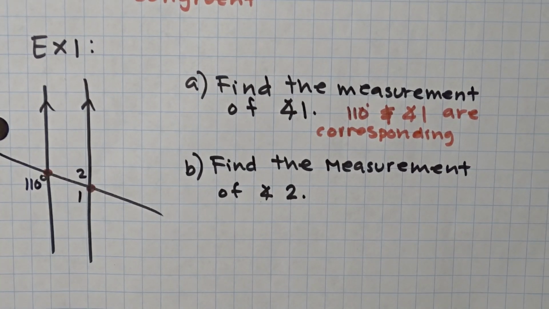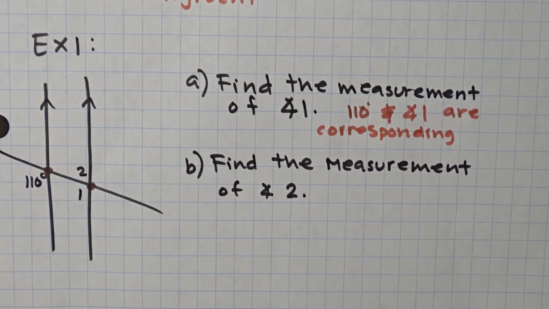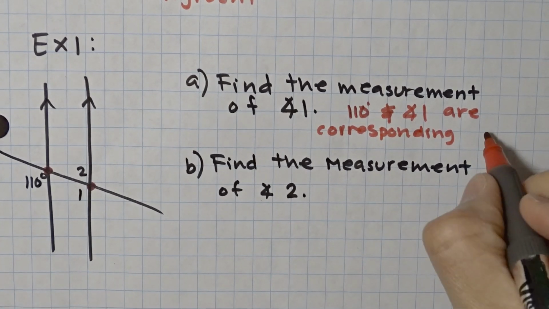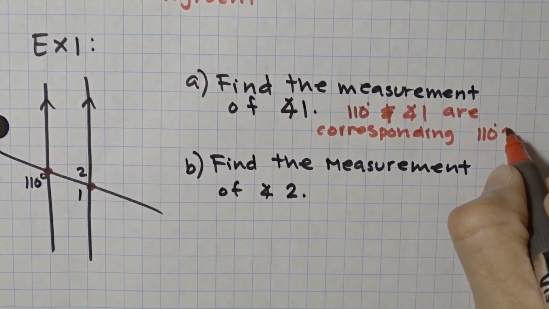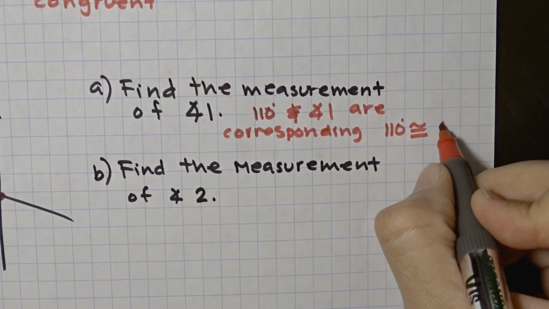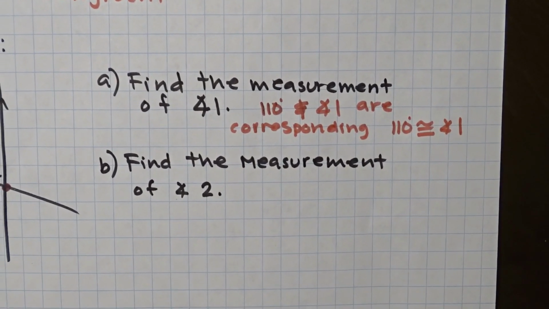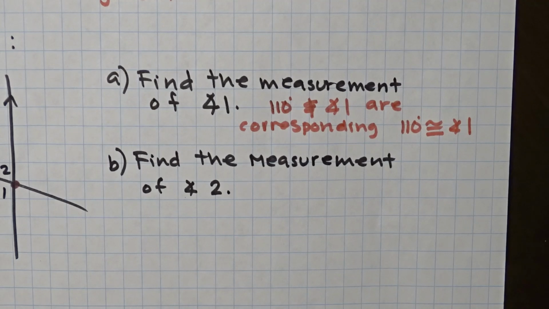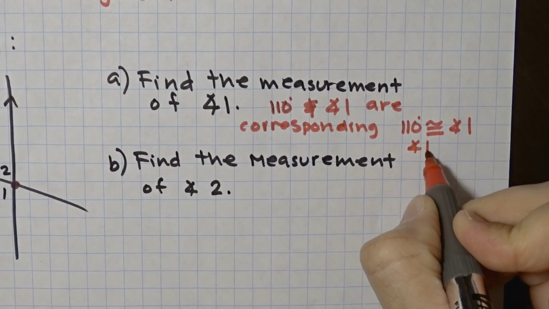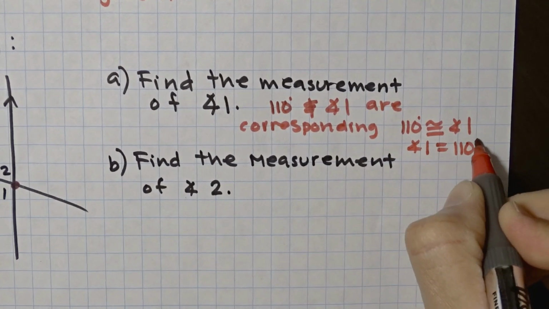And because I know they're corresponding, that means that they are congruent. So I can also write down that 110 degrees is congruent to angle 1. So therefore, because we know congruency means same size, angle 1 equals 110 degrees.